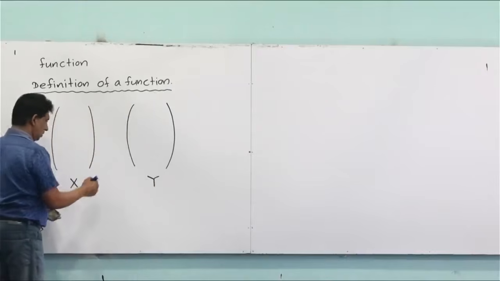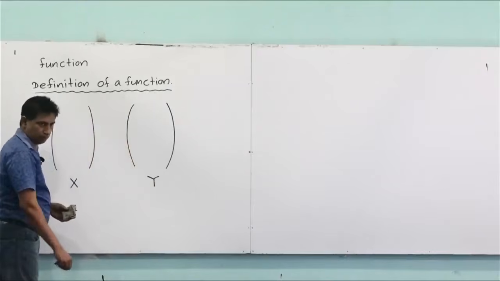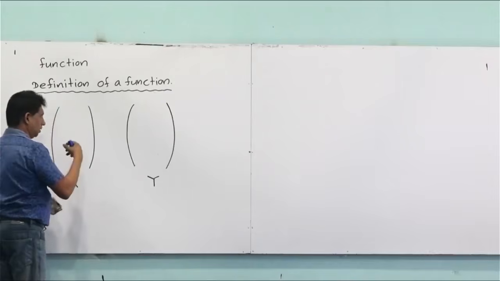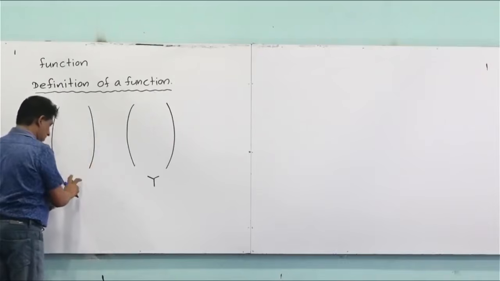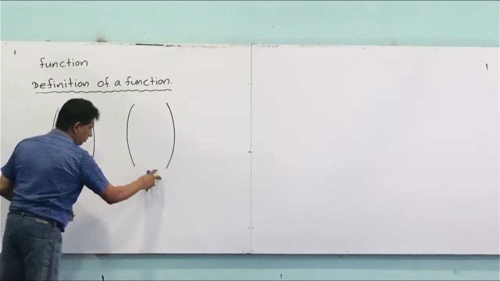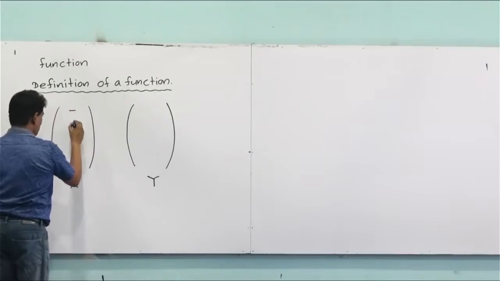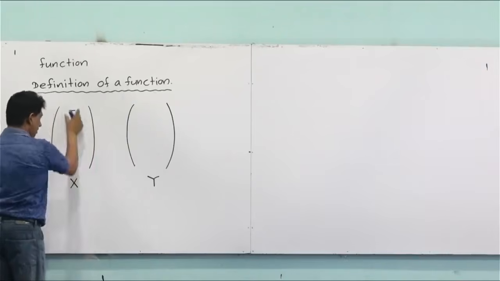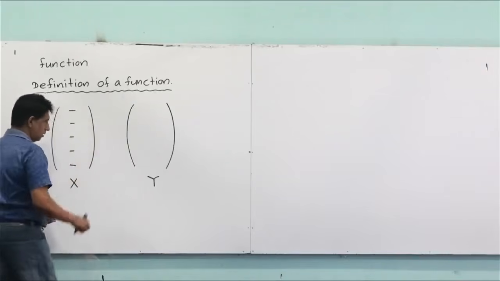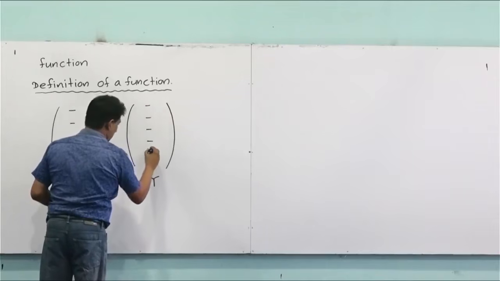In relations we mention this is the first set, this is the second set. Then in the definition of a function, the first set is named capital X, the second set is named capital Y. Now there are elements in this set. These are real numbers, right? Then in the second set also there are elements, no?